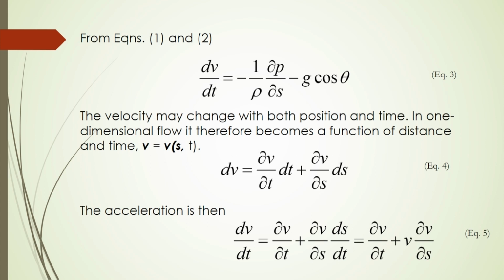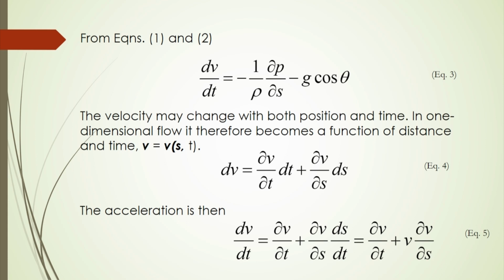This is the fluid element distance divided by dt, which is nothing but the velocity. So it will be V into dou V by dou S. So dou V by dou t plus V dou V by dou S will be your acceleration term.